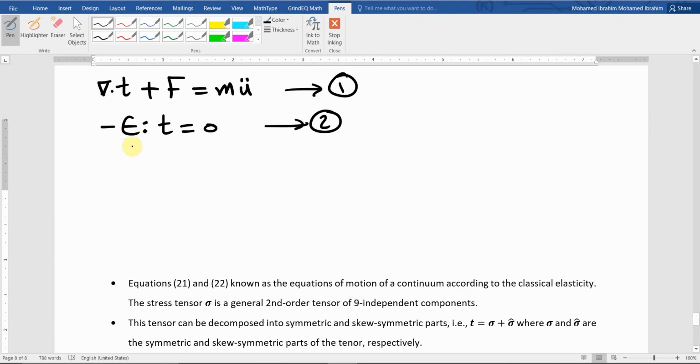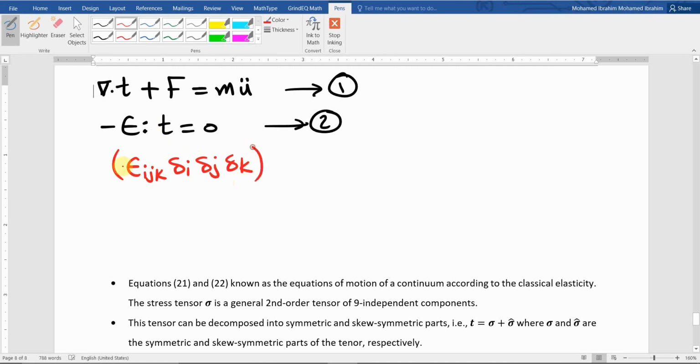All right, so now let us talk about this second equation. This is negative epsilon, and epsilon, as we mentioned, is the permutation tensor, double dot T. So let us work over this tensor a little bit. This epsilon equals epsilon_ijk delta_i delta_j delta_k, as we mentioned above, right?